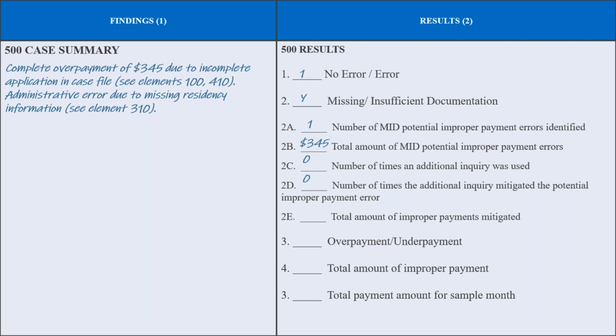So we have 0 for 2C and 2D. And for 2E, $0 for the total amount of improper payments that were mitigated. So there was an overpayment of $345. The sample month payment amount was $345.